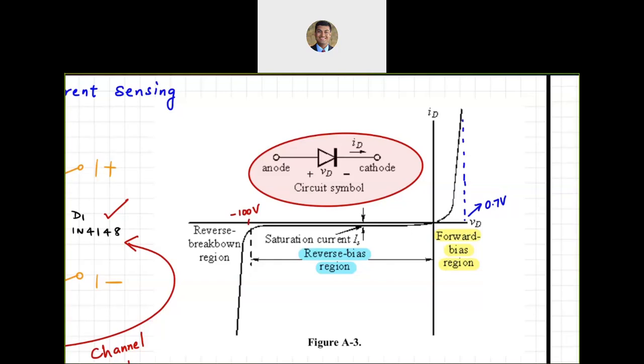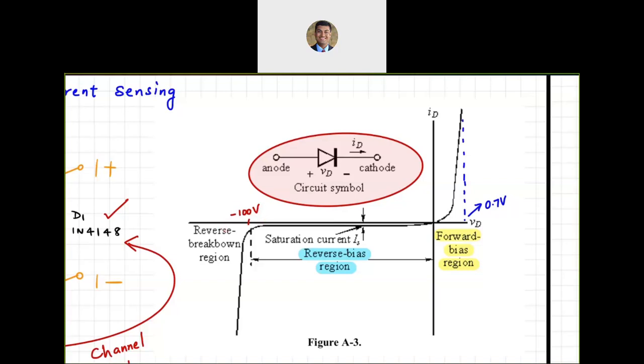Well, if you increase that reverse bias voltage even further, the diode is going to break down, which means that now there is a lot of current that flows through the diode in the negative direction. So it's like where the dam breaks, all the current goes through in the other direction.